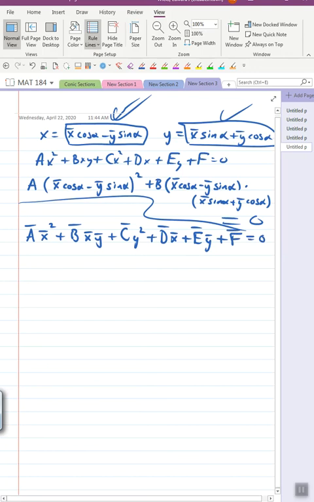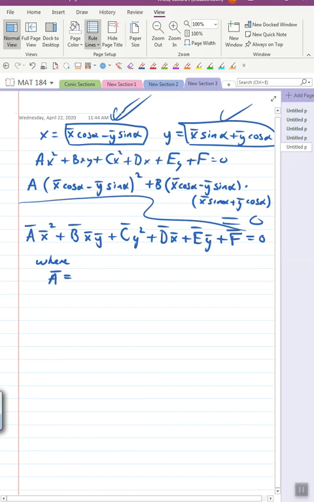In other words, when you clean this guy up, you can rewrite it as another general quadratic with new coefficients, where your variables are now x bar and y bar instead of x and y.